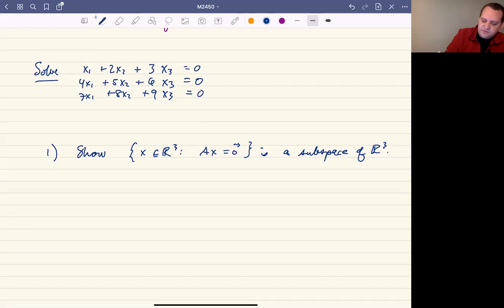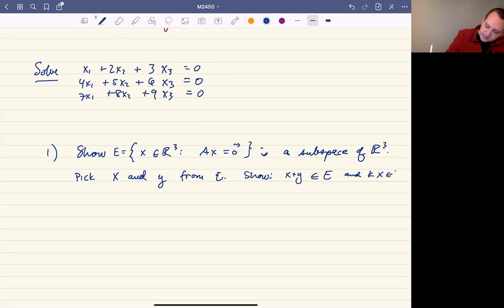So for convenience, let's call this set E. And what we're going to do is pick 2 values, say x and y from E. And then we'll show that x plus y is in E, and that if we scale x, that's also in E. We're going to be using the element of symbol. It just means that it's in the set E.